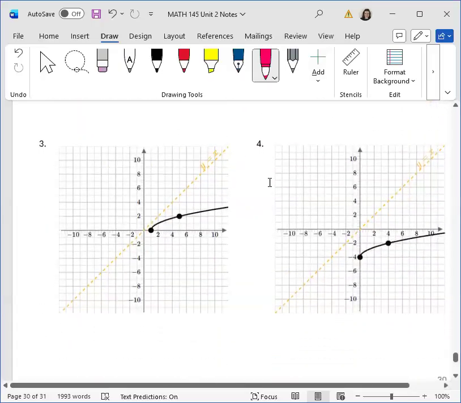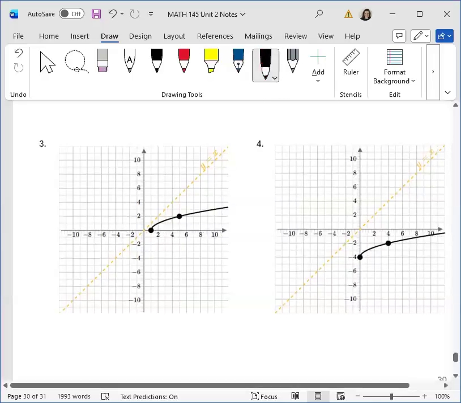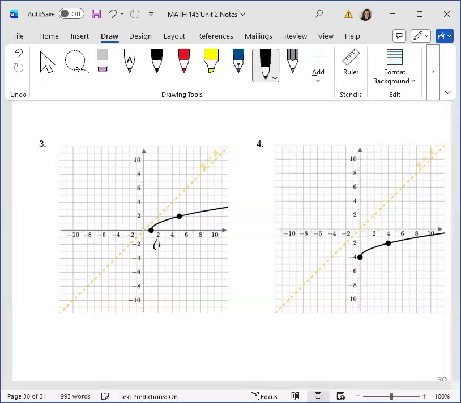Okay, the next example, I'm going to use the same process, but notice these are not lines. So this would be like a square root function, but the process is the same. Identify the coordinates of the original points. So this one is 5, 2, and the first one was at 1, 0.